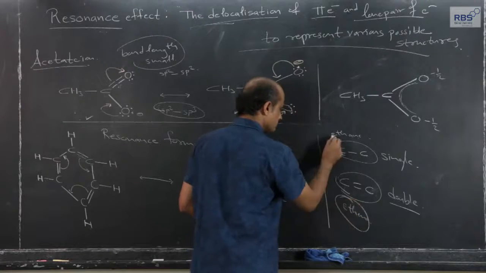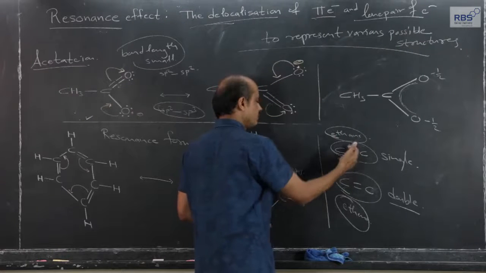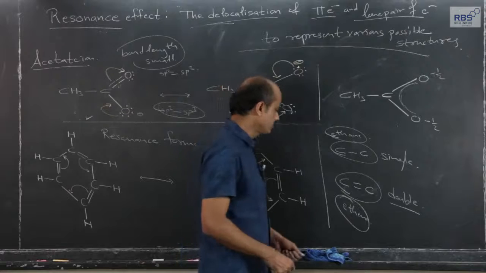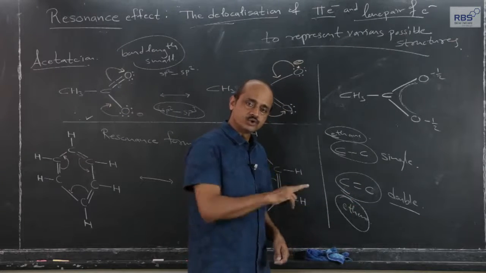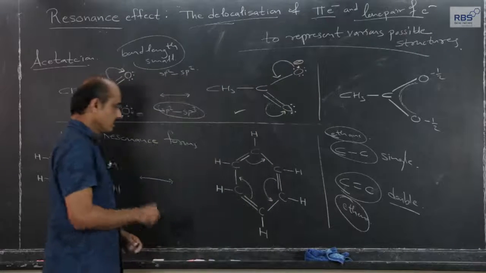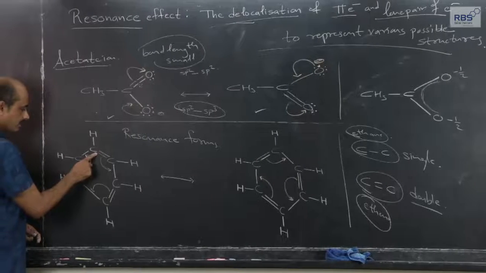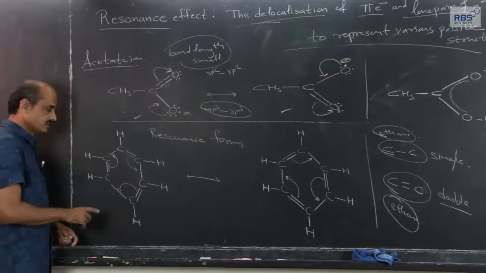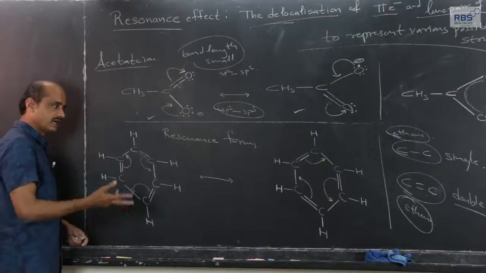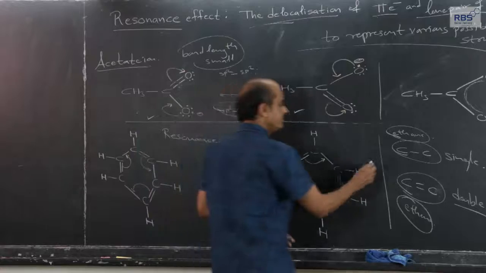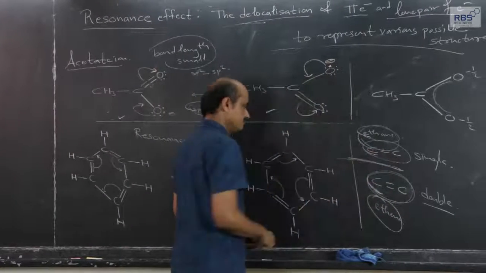For comparison, we take the energy required to break a carbon-carbon single bond and the energy required to break a carbon-carbon double bond. The actual energy required to break a carbon-carbon bond in benzene is the same in all the 6 bonds, and the value is in between what we expect for double and single.